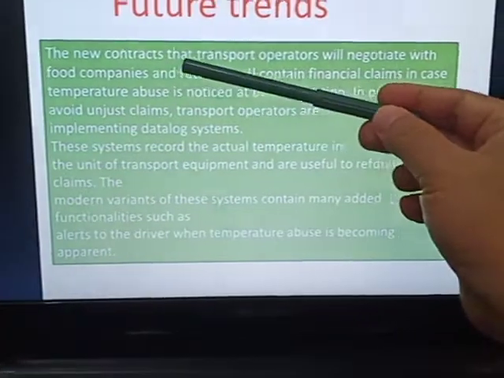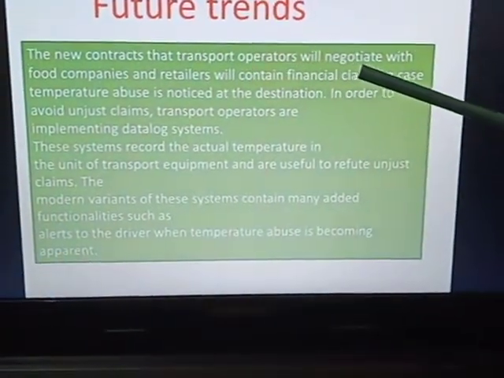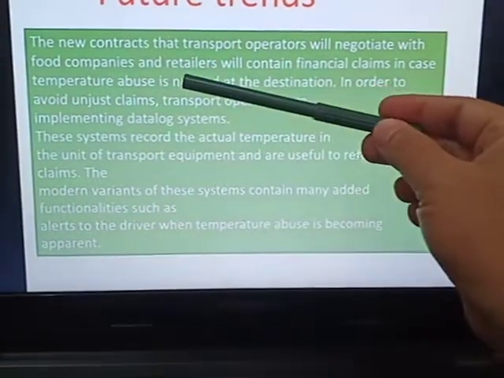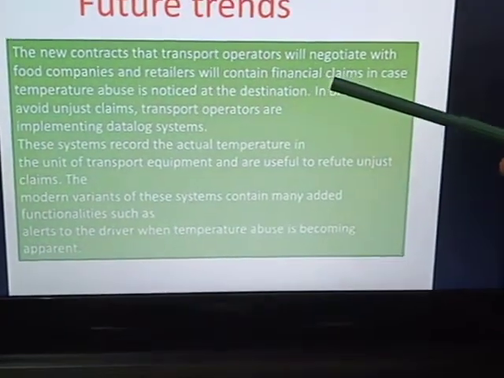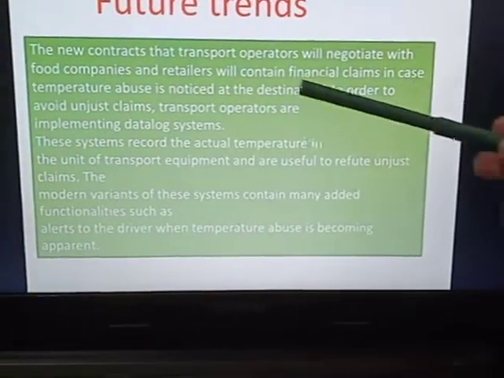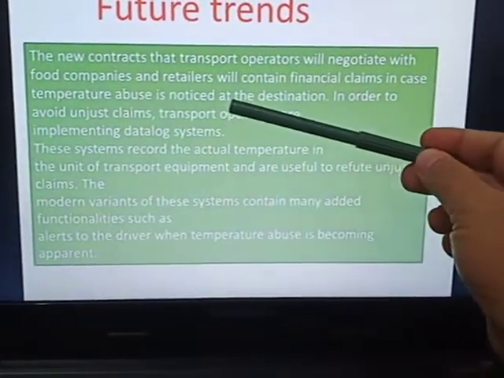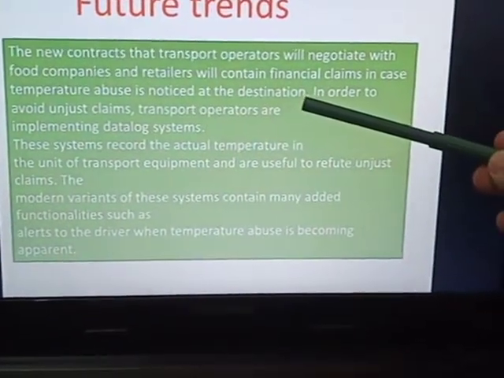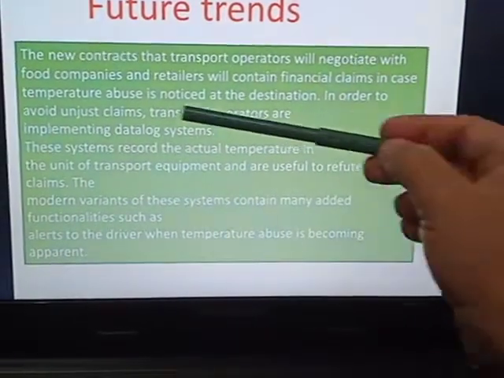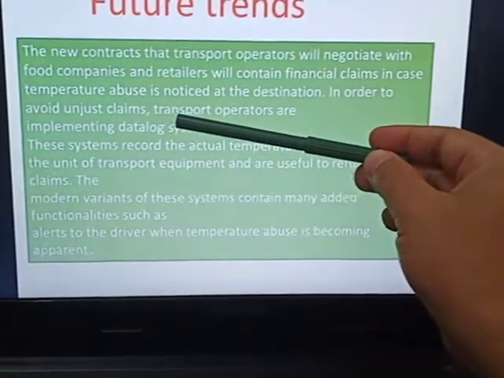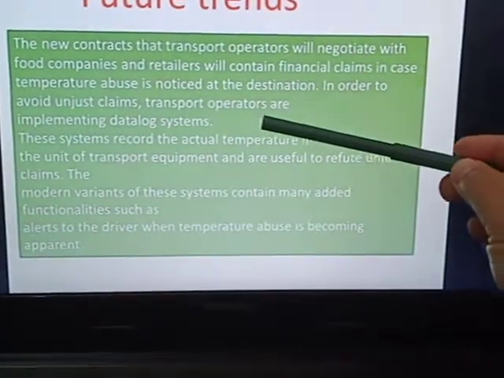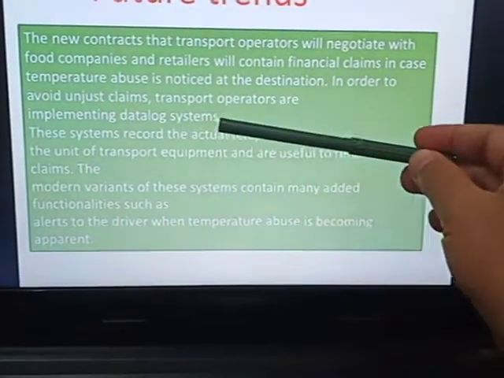The new contracts that transport operators will negotiate with food companies and retailers will contain financial claims in case temperature abuse is noticed at the destination. In order to avoid unjust claims, transport operators are implementing data log systems.